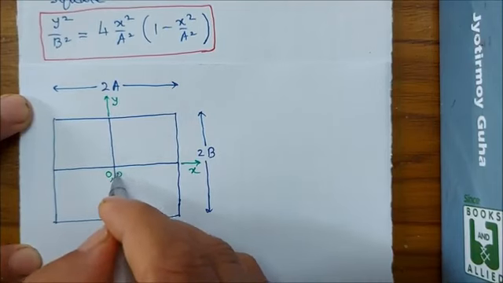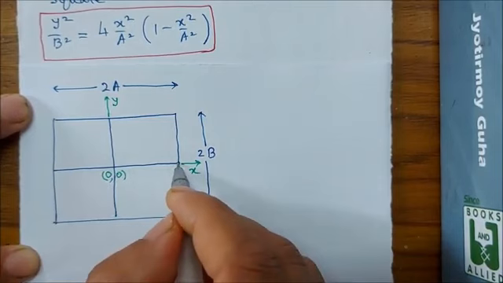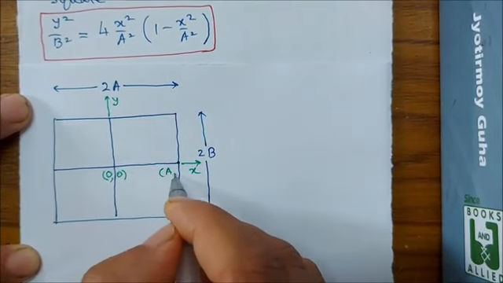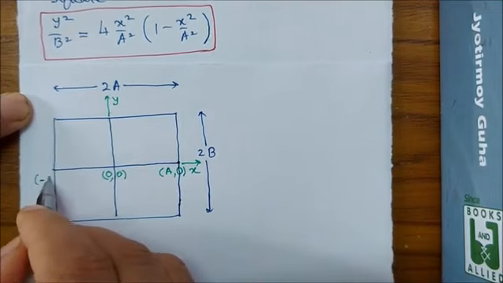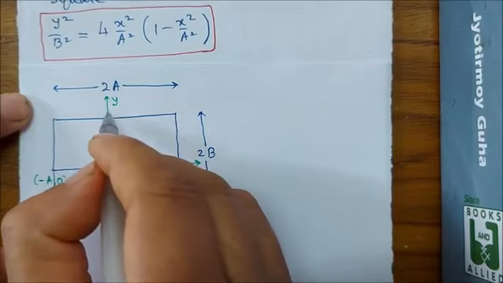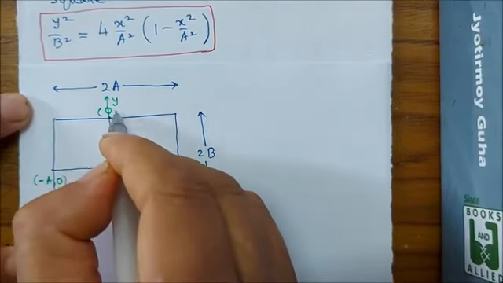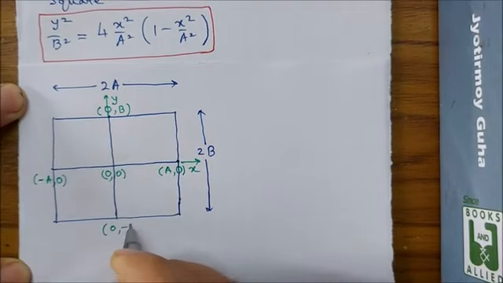This is the origin, x equal to 0, y equal to 0. So the coordinate of this point will be a 0 and that of this point will be minus a 0. Coordinate of this point will obviously be 0 b, and this point has coordinate 0 minus b.